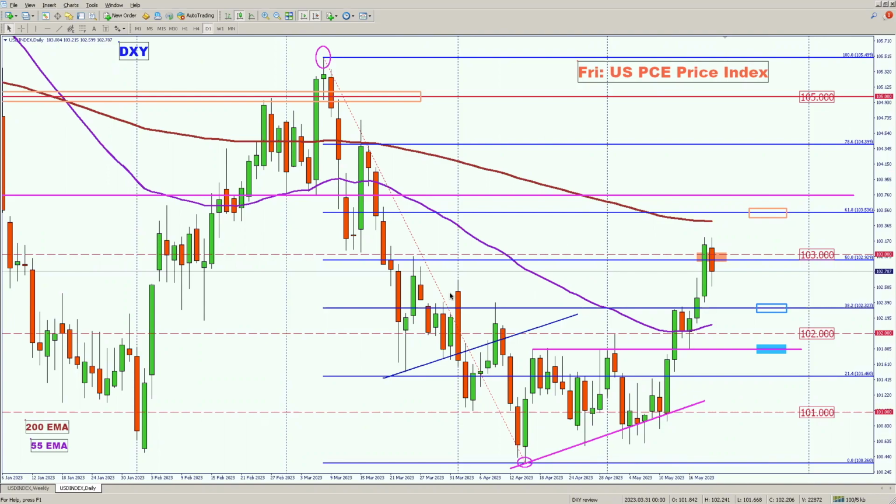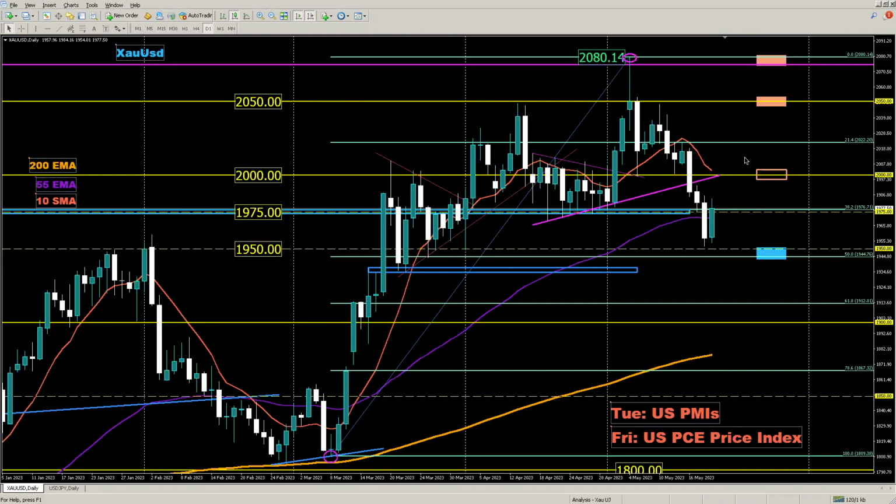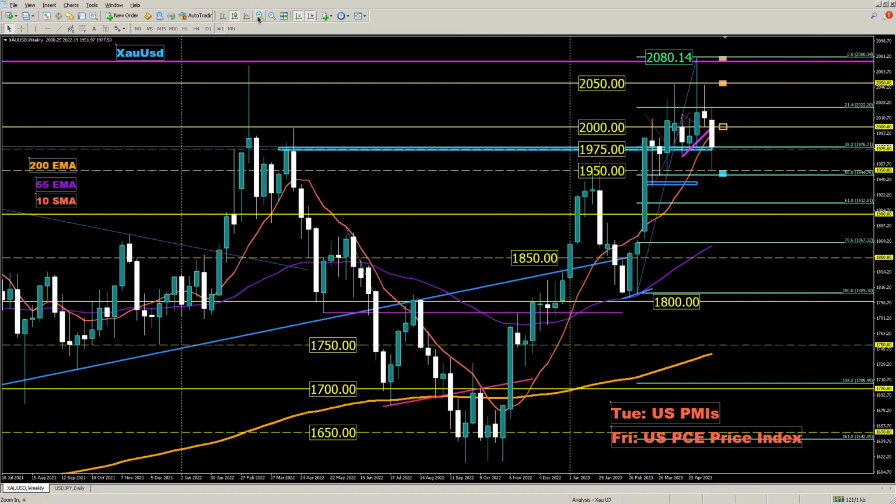All right, let's move back to the other majors. Before moving to the dollar against Japanese yen, let's also take a quick look on the weekly time frame for spot gold. And it was a low wick here formed on Friday and managed to bounce back up.